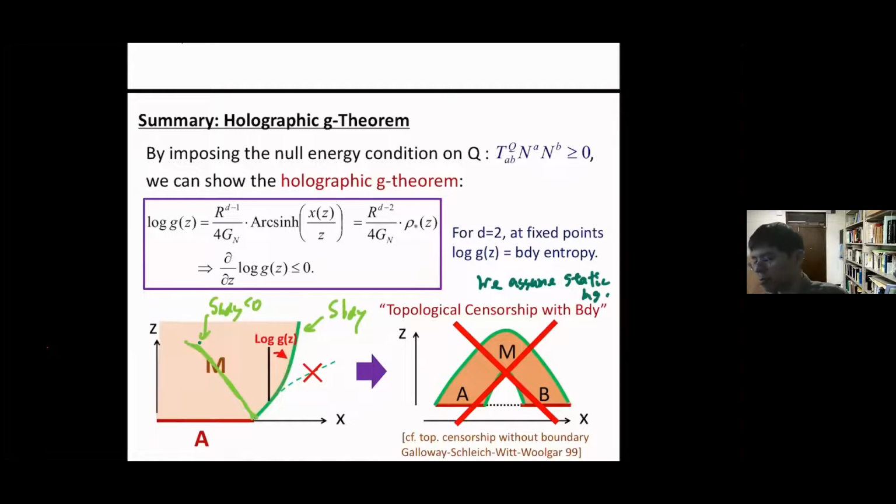It's a very simple reason: this angle is less than 90 degrees or larger than 90 degrees, so that gives a plus or minus. But even in this case, the G theorem just says the angle should be decreasing this way. This is not allowed. Only this is allowed. I see. Thank you. Thank you for the question.